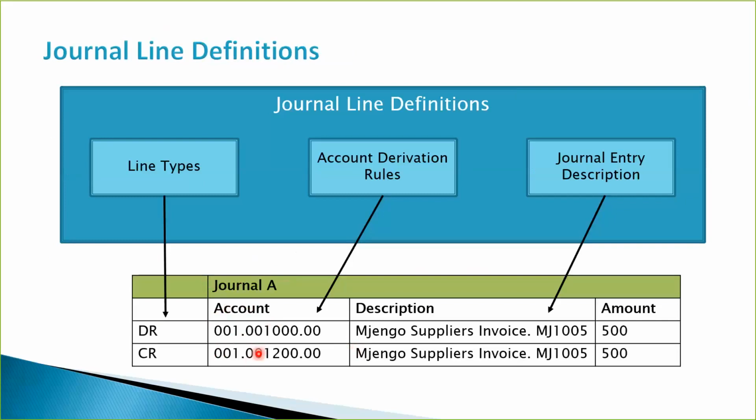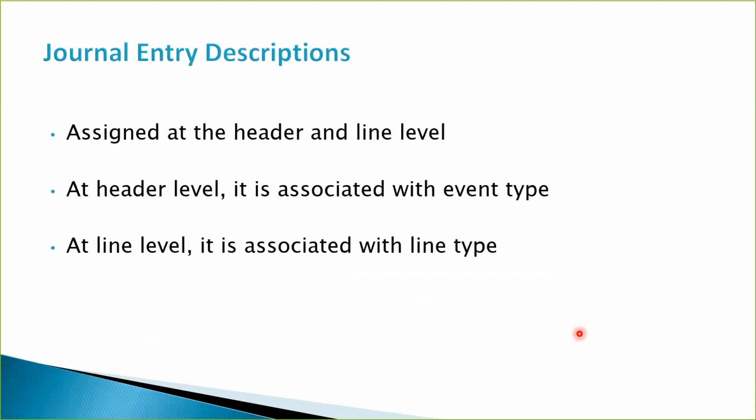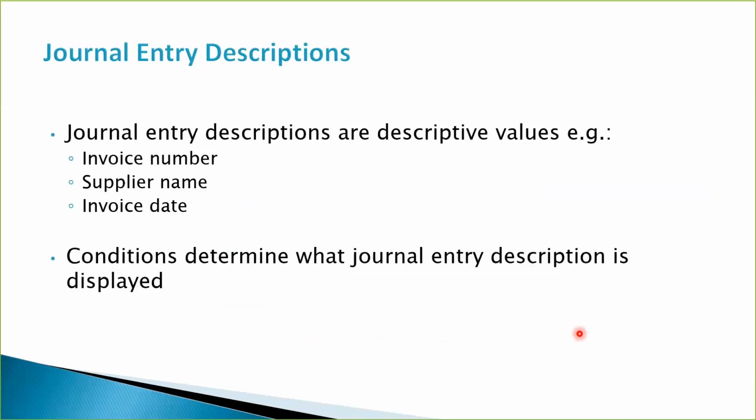These journal line descriptions are just basic descriptive values that tell us more about this line. They can tell us the supplier for which we are paying this invoice. They can also tell us the invoice number and all that, okay? So that's what we mean that journal entry descriptions are basically descriptive values.